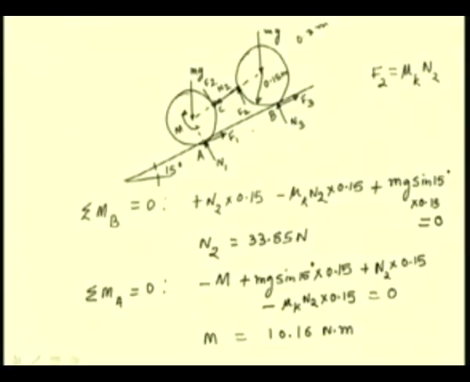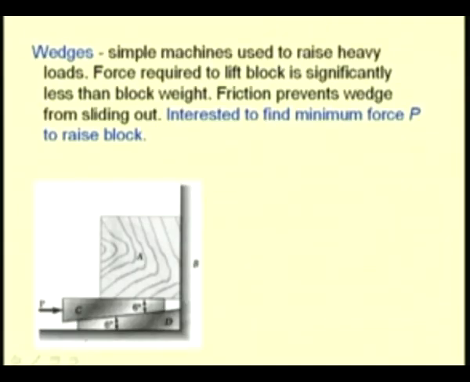So, these problems of simple contact nature can be solved in a similar sense. The simplest machines that use friction in order to do some work are wedges.